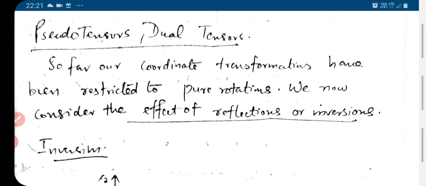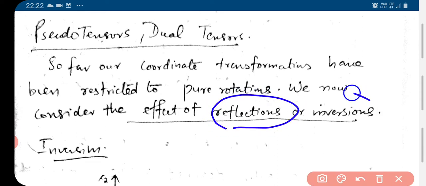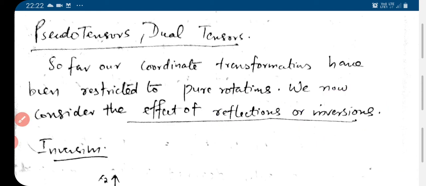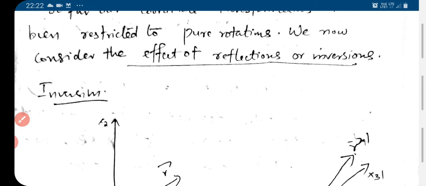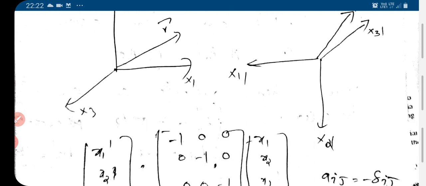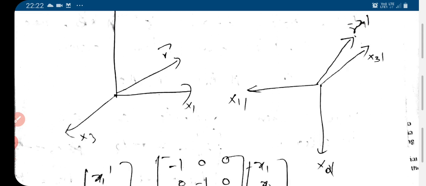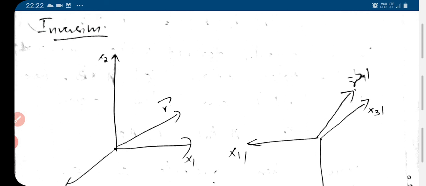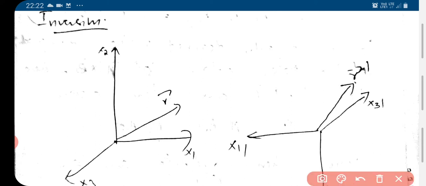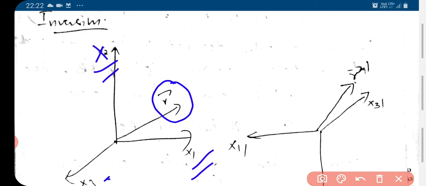We see reflections, inversions as well. Okay, and in the case of reflections, or in the case of inversions, we see how the coordinates are changing. First of all, let's take inversion. Here we have three coordinates: x1, x2, x3, and this is a vector in this space, vector r, right?